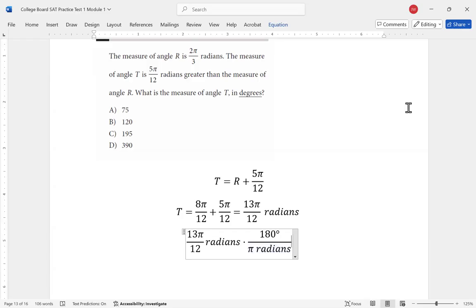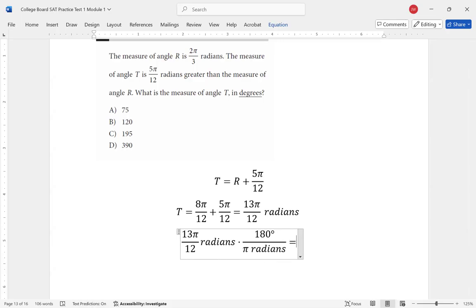So a lot of times people look at that as 180 degrees is pi radians. If I want to convert from radians to degrees, I'm going to have to put the degrees on top, the radians on bottom. Notice what's going to happen. The pi is going to cancel out on top and bottom, and I'll be left with 13 times 180 divided by 12 as the degree measurement.